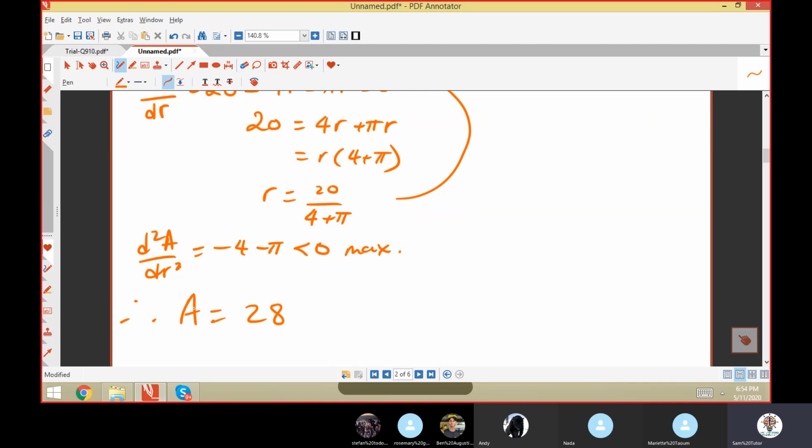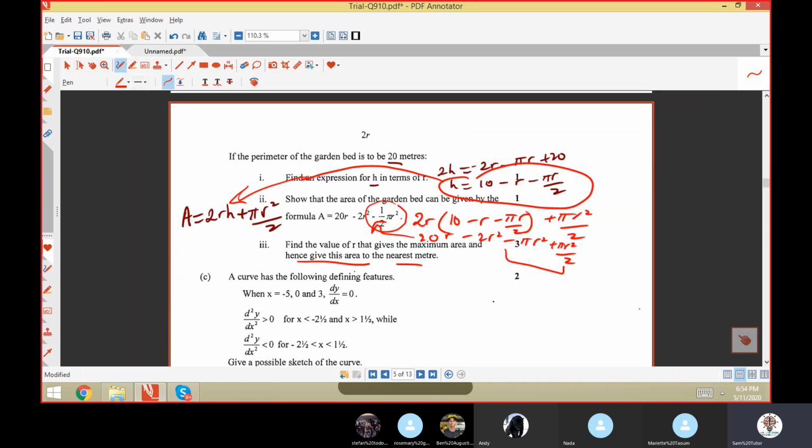Any questions? I think you're going to sub it in as a decimal, so it's like 2.8 or whatever. You said R. Oh, yeah, why do I sub R in? I sub R into area because the question says, hence find the area.